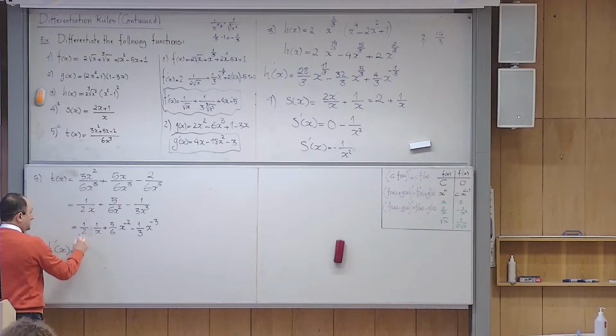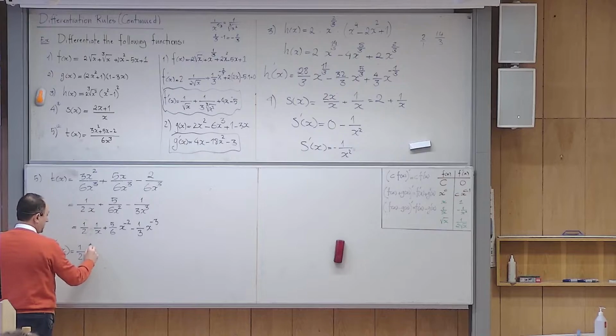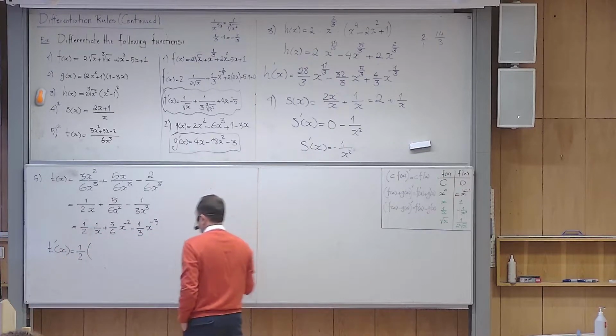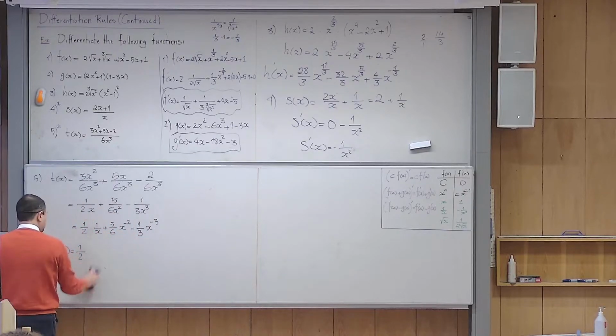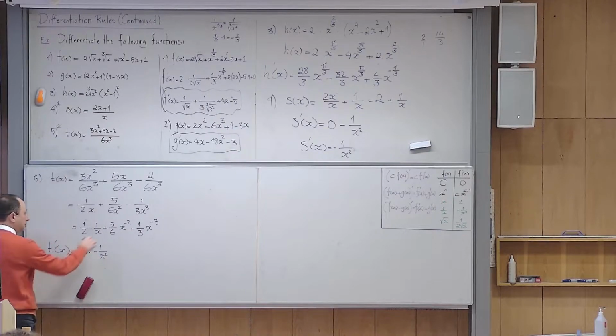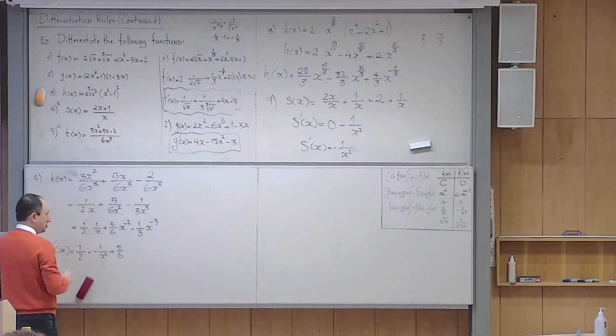1 over 2 is a multiplicative constant, so I just write it down. The derivative of 1 over x is in the table, is minus 1 over x squared. And then 5 over 6 is a multiplicative constant. And then I apply the second row formula for this.